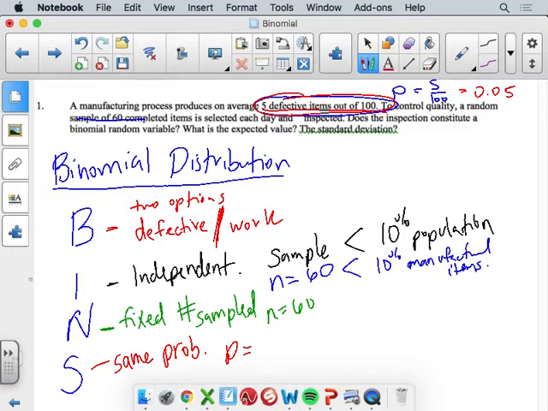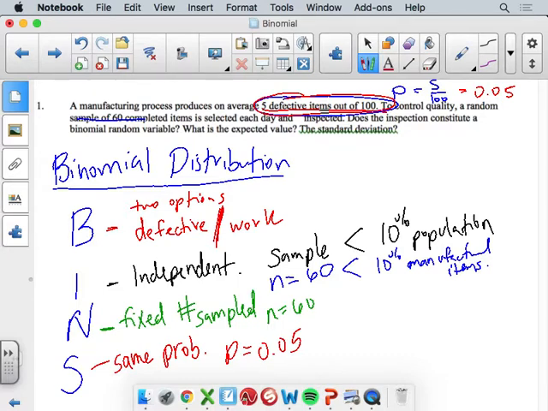So yes, we had a fixed probability. Every item that's made has a 5% chance of being defective. That feels kind of high, but that's what they gave us. So this is a binomial because it goes through these little options here.